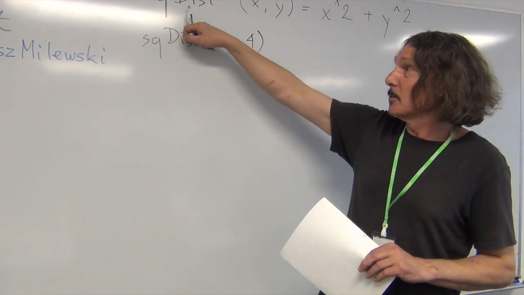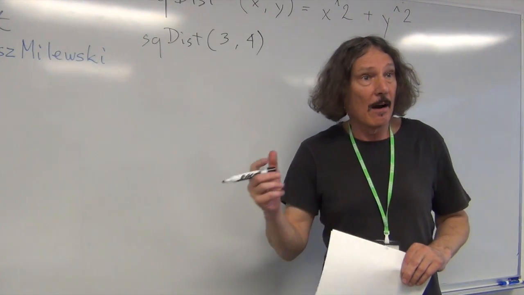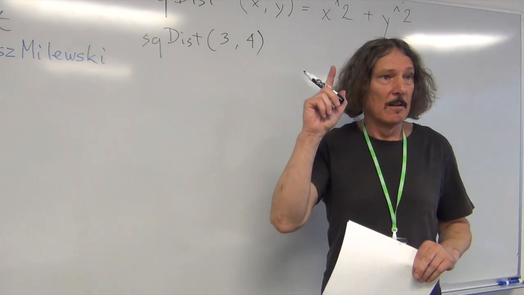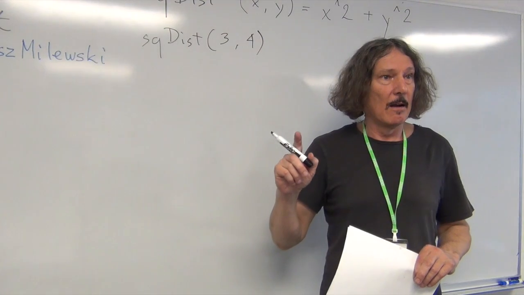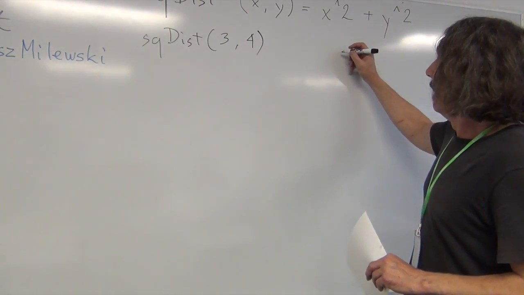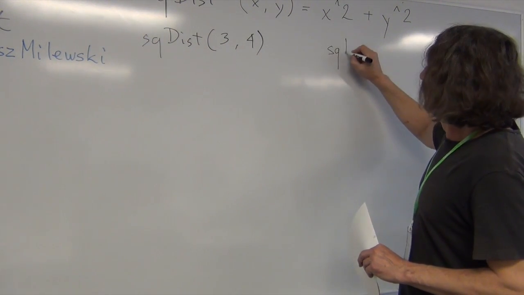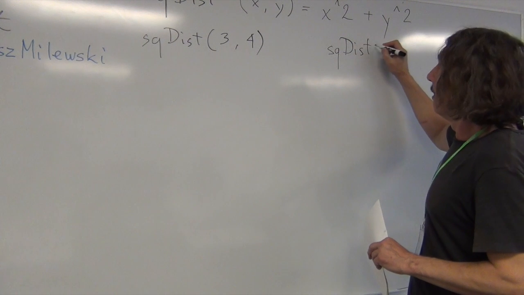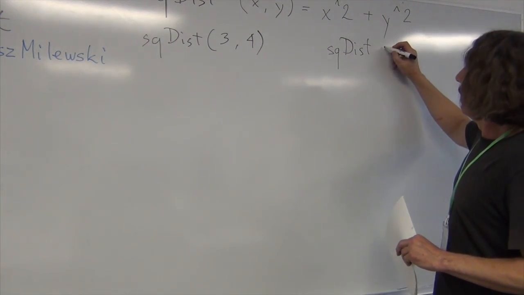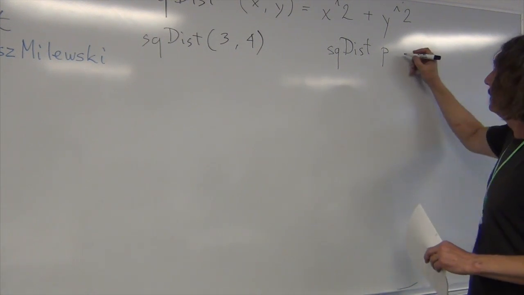It means this square distance actually accepts one argument, but this argument is a pair. I could have written sqdist of a pair. Let's call it P.